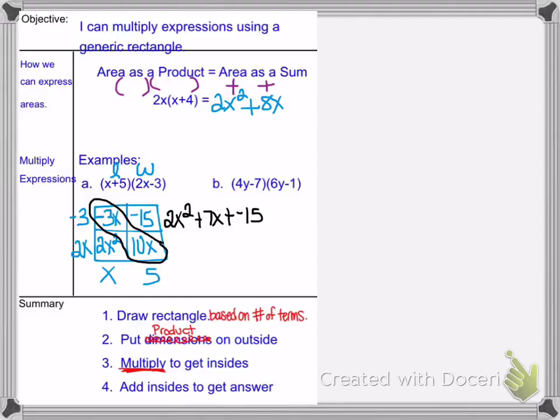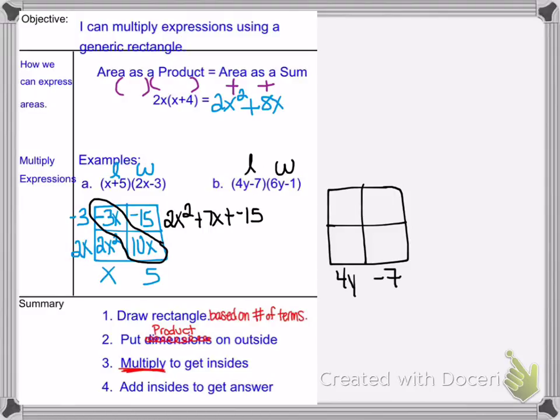Let's move on to letter B. Again, you have your length and your width. So when we go to draw our generic rectangle, we're going to place our length and make sure we have that negative 7, 6y, and that negative 1. Again, we're multiplying to find the sum to get the interior area of our rectangle.